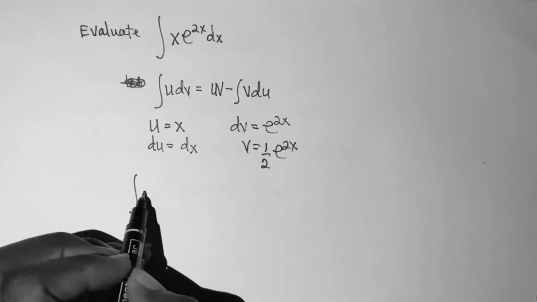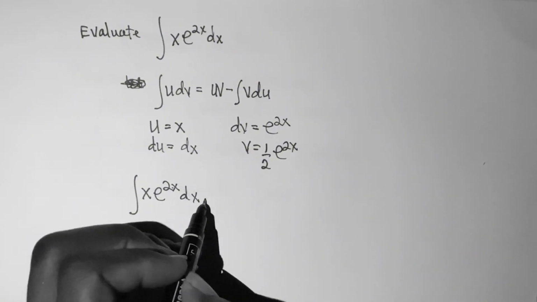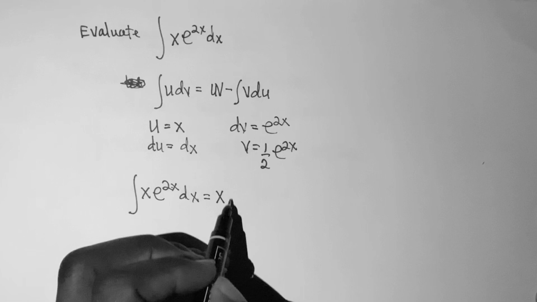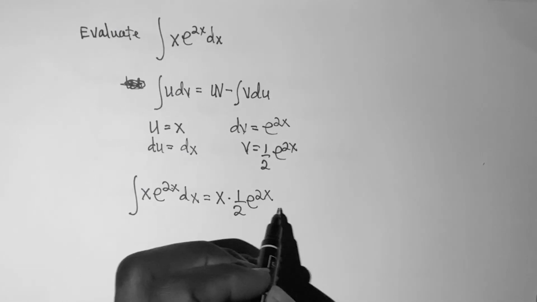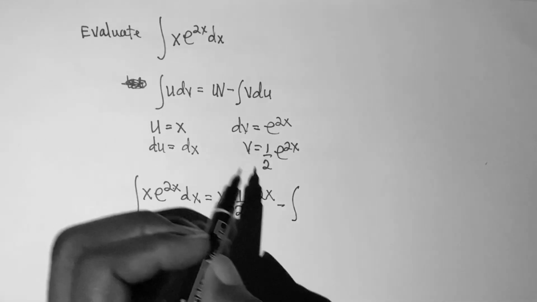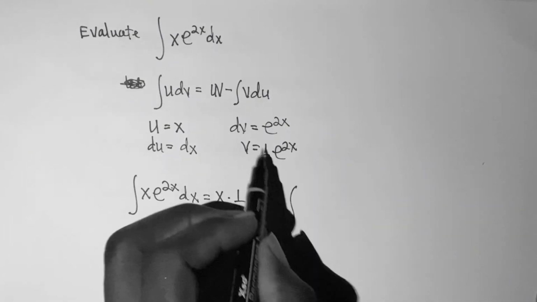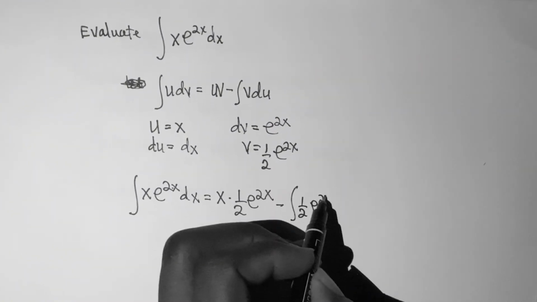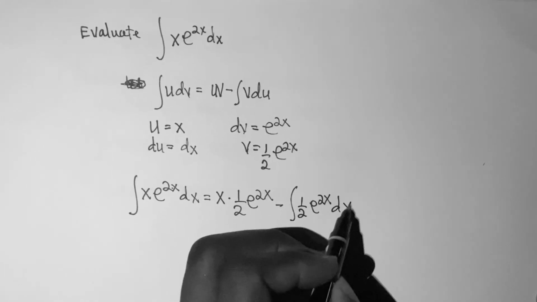So integral of x exponent 2x dx is equal to u is x, and then v is times 1 over 2 exponent 2x, then minus integral of v du. Now du is the same as dx, then v is half of exponent 2x, so dx.